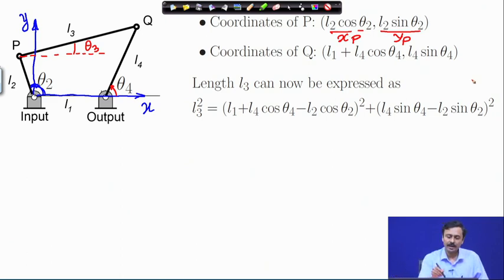Similarly, for point Q, L 1 plus the contribution of this vector in the x direction, L 4 cos theta 4. So, L 1 plus L 4 cos theta 4 is x q, and L 4 sin theta 4 you can check is y q.